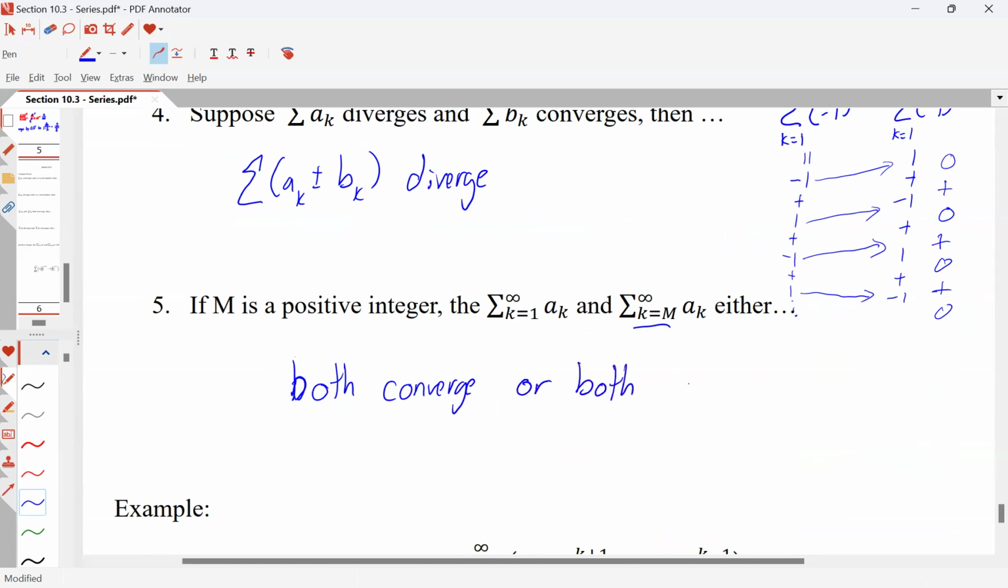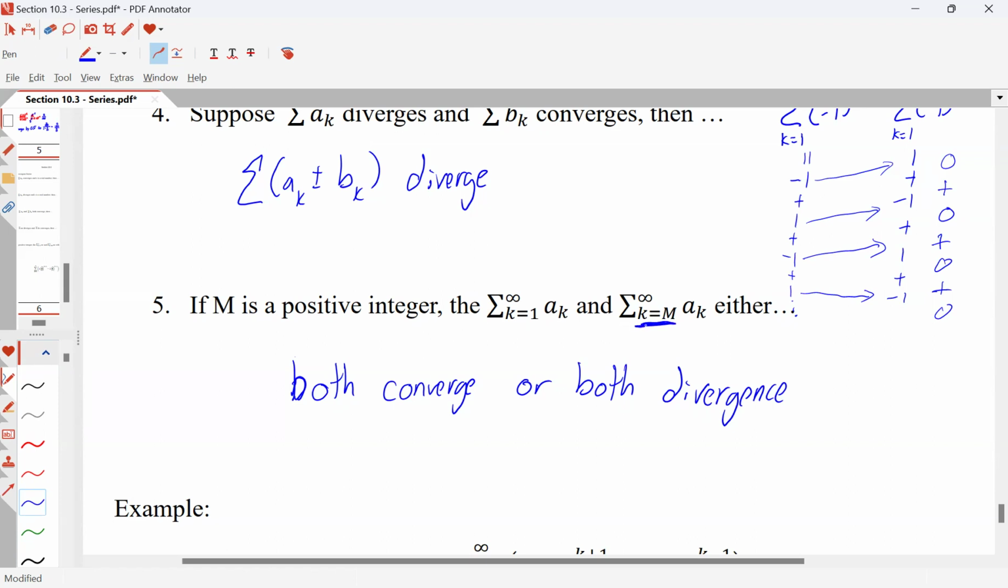And we actually use this property in the back a lot, because there are going to be several tests we're going to do where we need the series to be positive, or we need the series to be decreasing. And we're going to say it needs to be positive for the whole thing, but ultimately it just needs to be positive eventually.